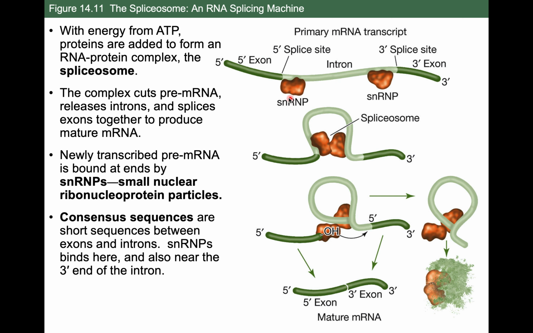And so you might ask, okay, how do these proteins know where the edges of the exons and introns are? There are what are called consensus sequences, basically just common sequences that you find at the edge of almost every intron or exon, and that's what those proteins look for, so they know where to bind.